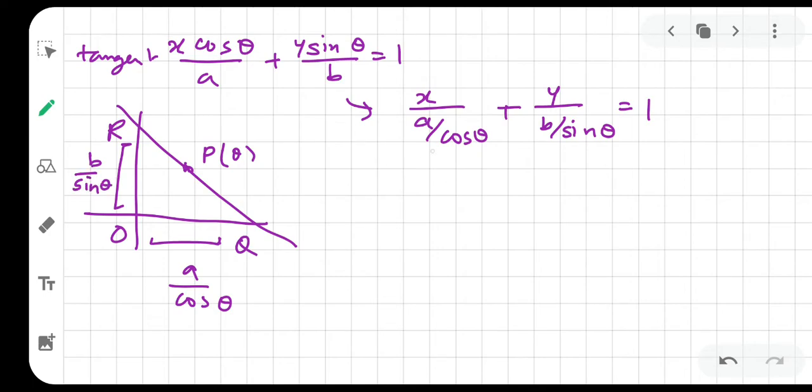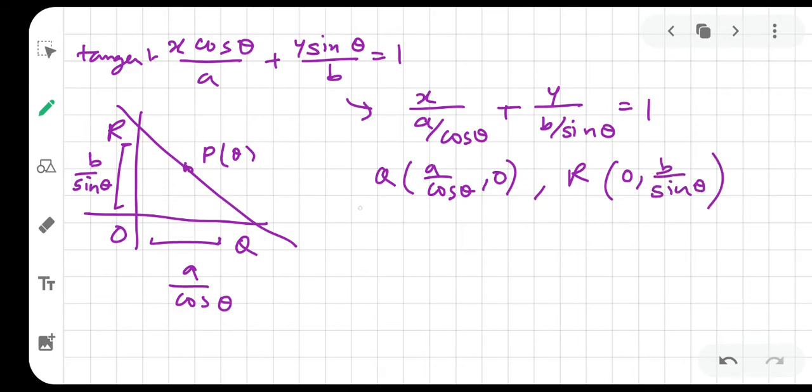right? Because I hope you know कि Q के कोऑर्डिनेट होंगे a by cos theta, 0 और R के कोऑर्डिनेट होंगे 0, b upon sin theta, correct?